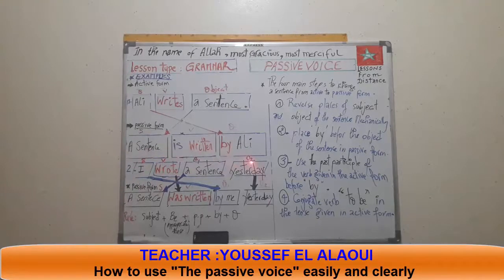Then we come to the last, object number two, and we place it at the very end of the sentence. One thing to remind you here: subject pronoun, after the verb we change it to object pronoun. Then we elicit the rule of passive form: subject plus verb to be in the appropriate tense plus past participle plus by plus object.